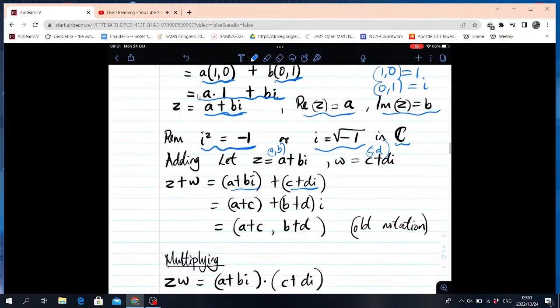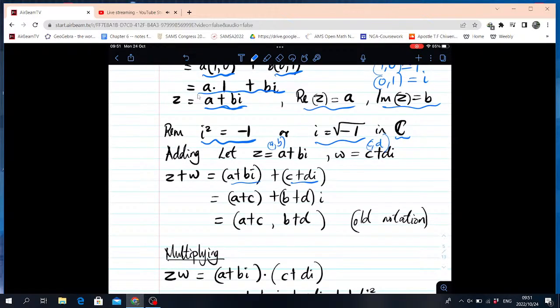And that becomes, if you take the real numbers only, a plus c, right? And then the parts with i, you add bi and di, you get bi plus di, which, if you factor out i, is (b plus d)i.